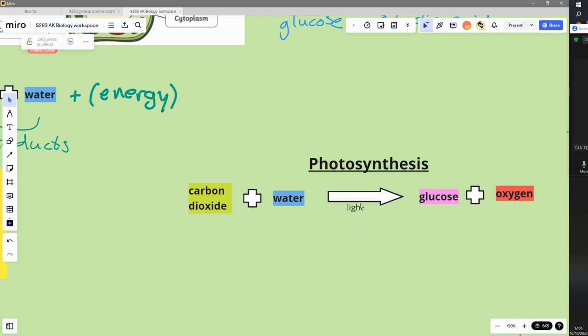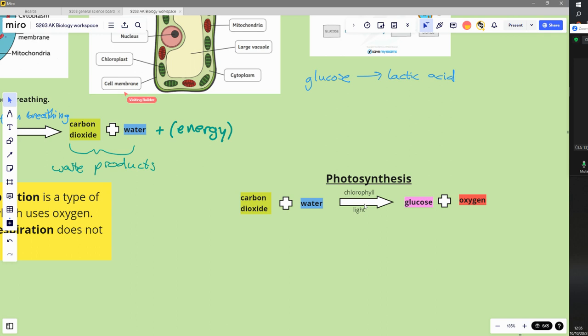So it uses the light for this reaction to happen, but it can't do it alone because plant cells have something else, and that is called chlorophyll. Light and chlorophyll aid this reaction, help it to happen.